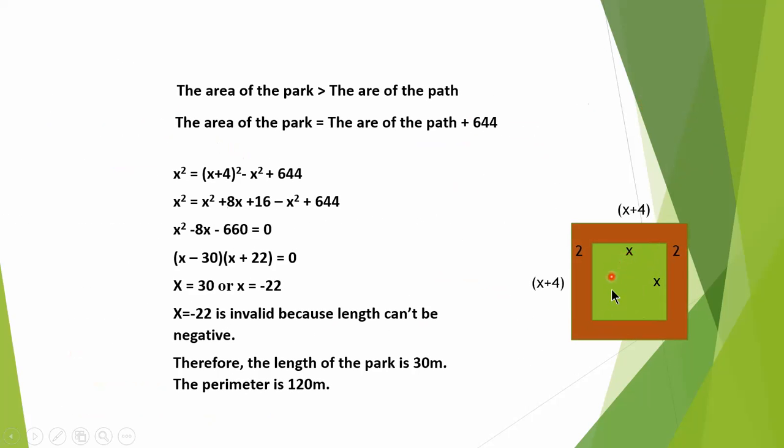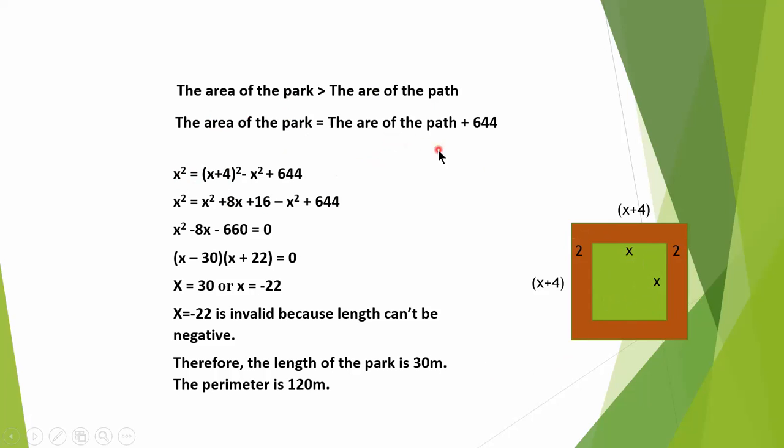Okay, we draw a diagram. In this question, it is useful. So this green area is the square park, length is x, width also x because it is a square, and the width of the path is 2. So we know this, we discussed. Then the area of the park is x times x, x squared.